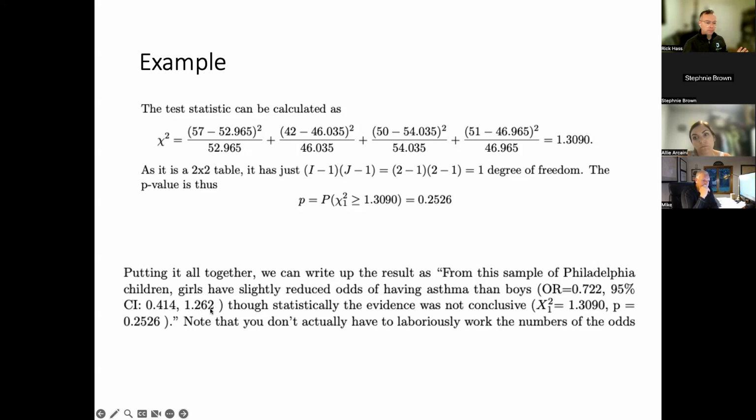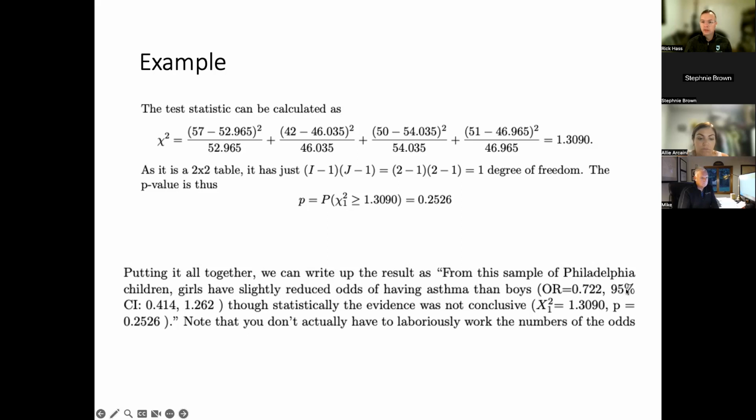Remember, the best way to think about a confidence interval is that it's a range of plausible values for the statistic of interest, in this case the true odds ratio in the population. An odds ratio of 1.0 represents our null hypothesis, that there's no difference in the odds, or no relationship between gender and asthma. That number is in our confidence interval.